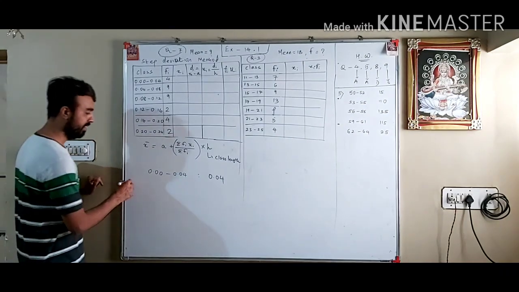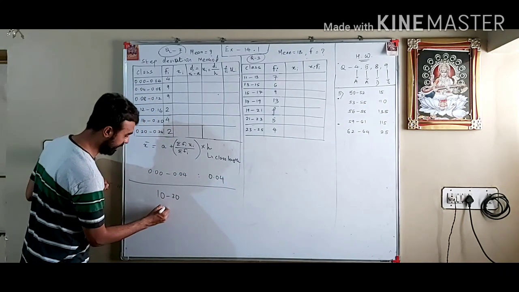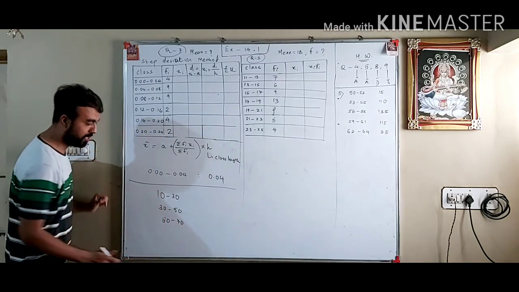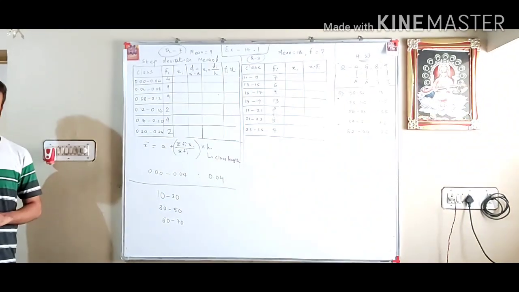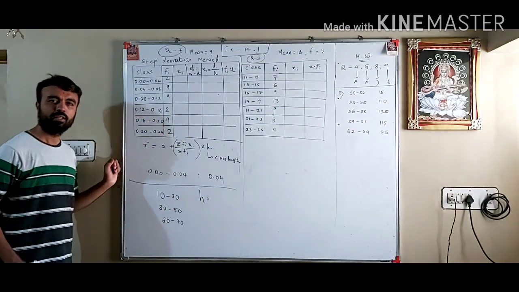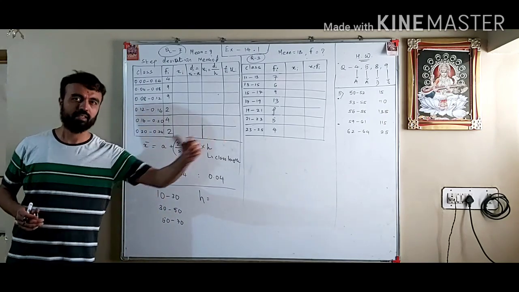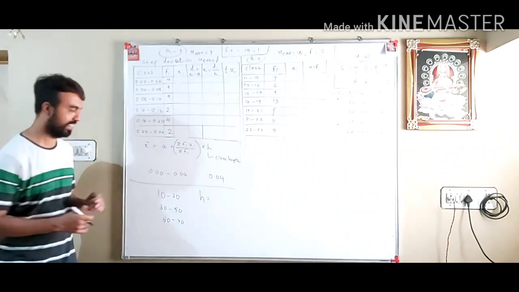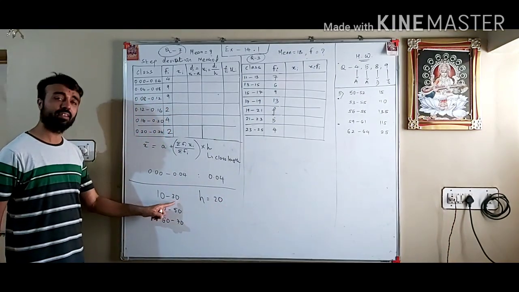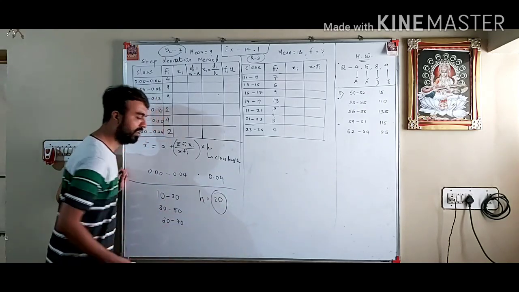Suppose the classes were 10 to 30, 30 to 50, 50 to 70. Then what is h? It's very simple. 10 to 30, how much does it take to go from one end to the other? 20. Or you subtract: 30 minus 10, 20. 50 minus 30, 20. So every time you will get 20.